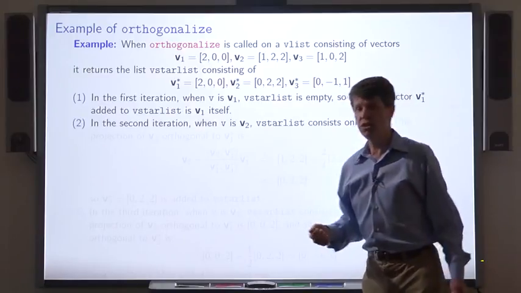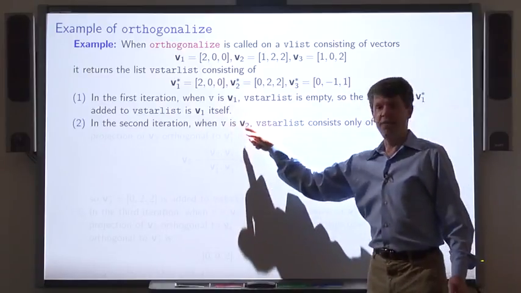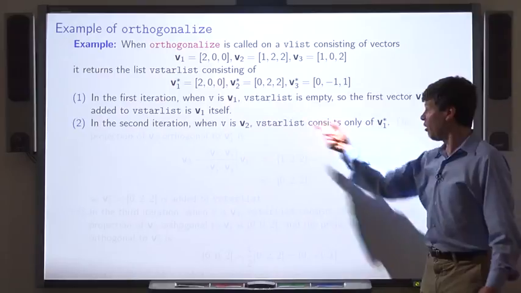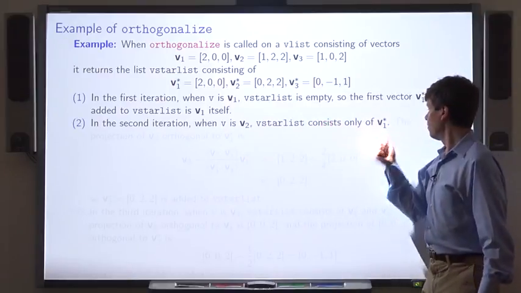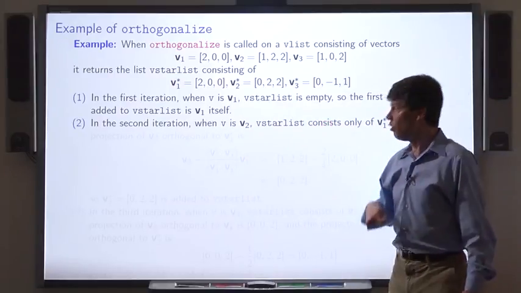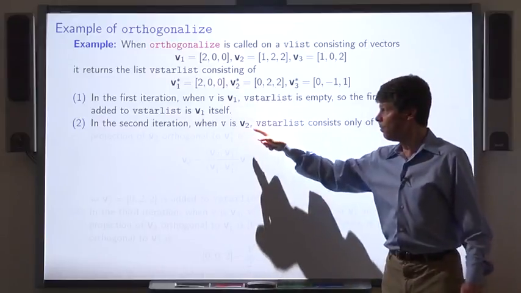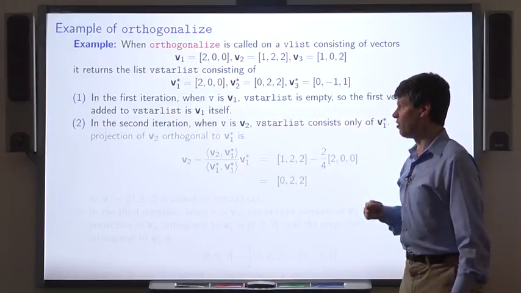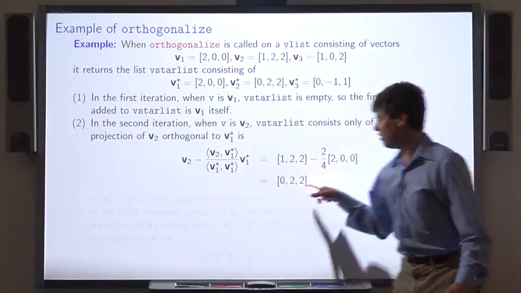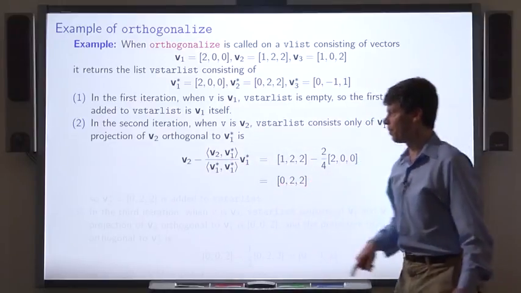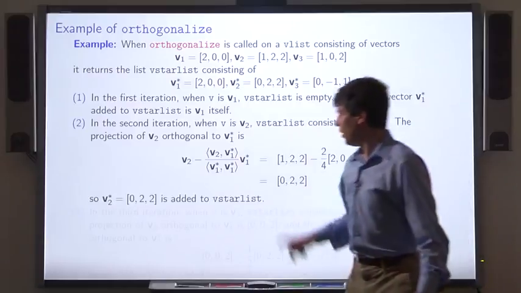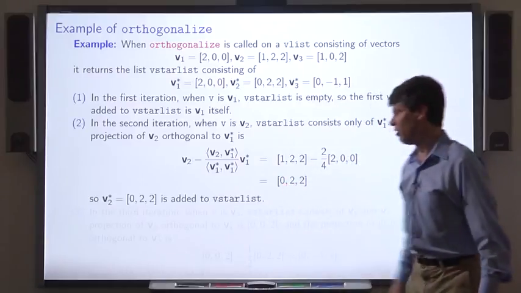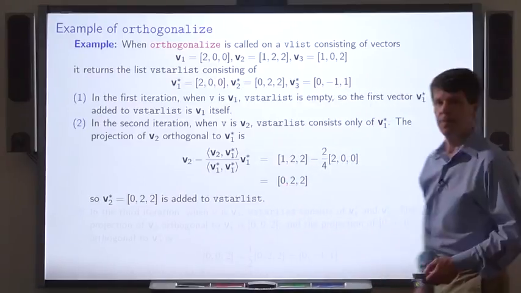The next iteration, we're working on v2. Vstar-list consists only of v1*. So the procedure projects v2 orthogonal to the list consisting only of v1*. And this is the vector it comes up with. So this is the vector that's added to vstar-list in the second iteration.